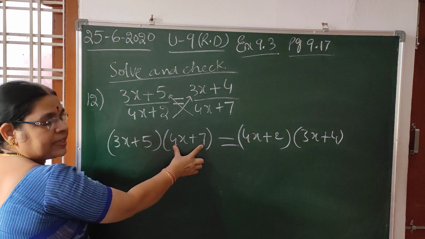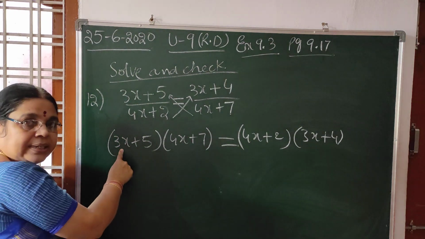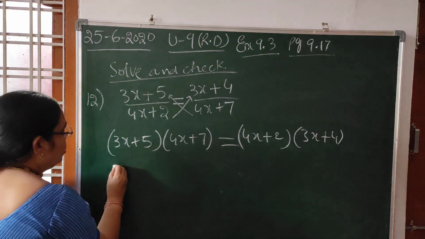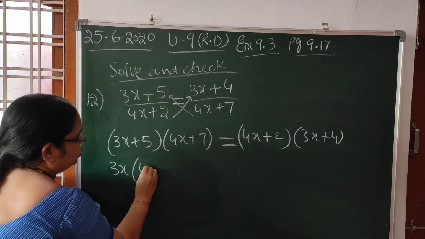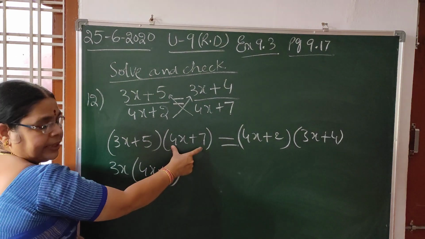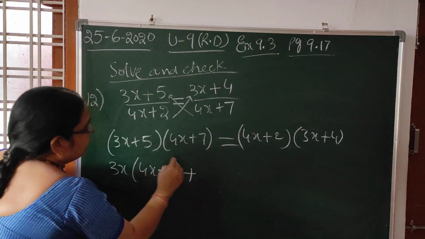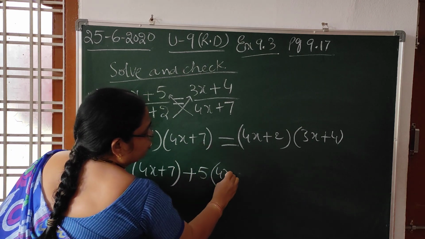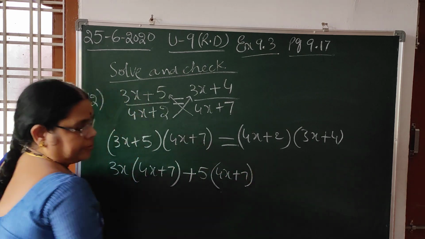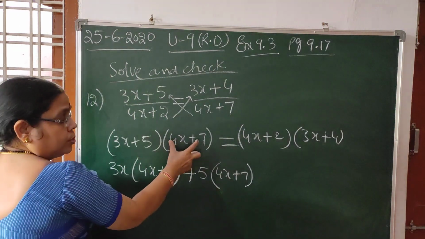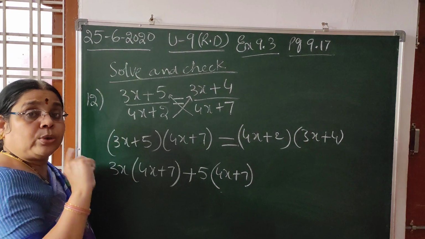That means 4x plus 7 must be multiplied by 3x, and 4x plus 7 must be multiplied by 5. So 3x into 4x plus 7, this multiplied by these two terms, plus the second number, 5 multiplied by 4x plus 7. So far you have seen two terms multiplied by only one term.